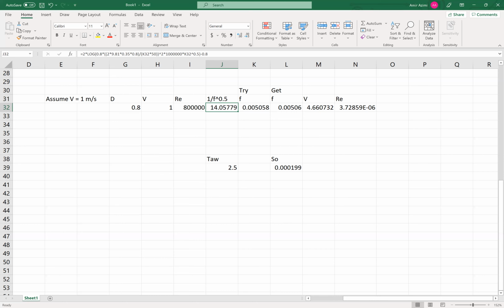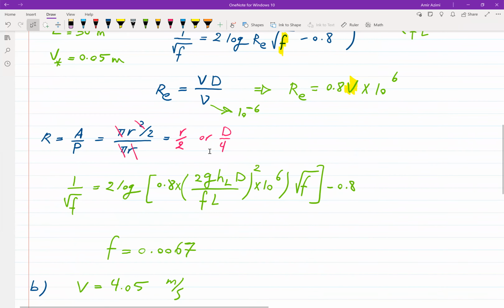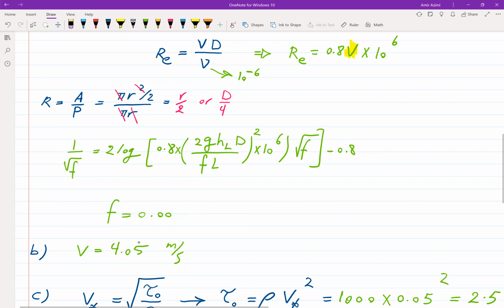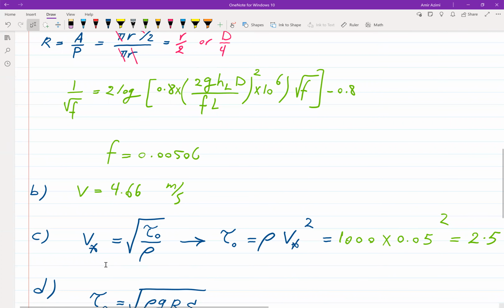Going back to part A, we got the friction factor value of 0.005506 and the velocity was 4.66 meters per second. Then in part C, we already know the value of shear velocity, and we know the relationship between shear velocity and bed shear stress.